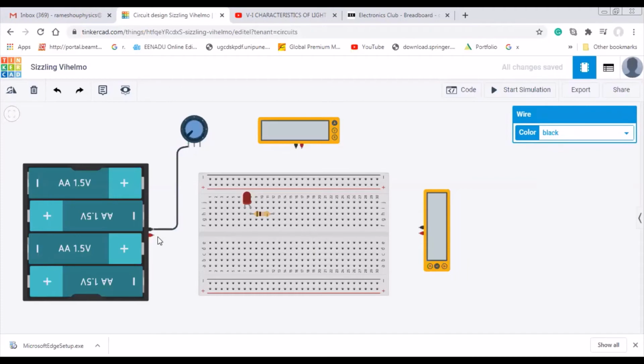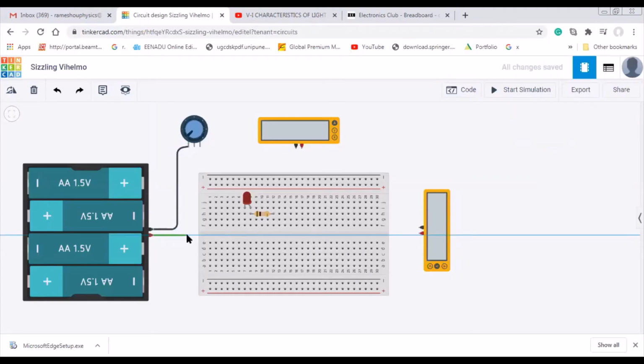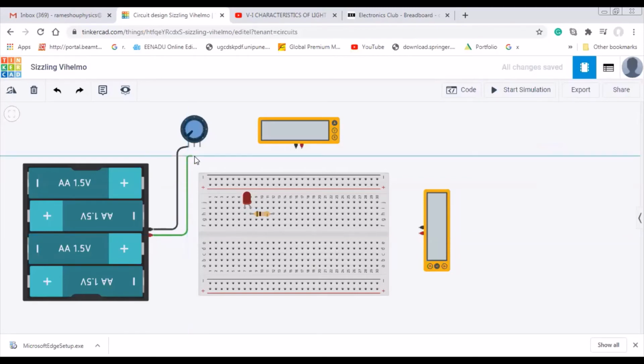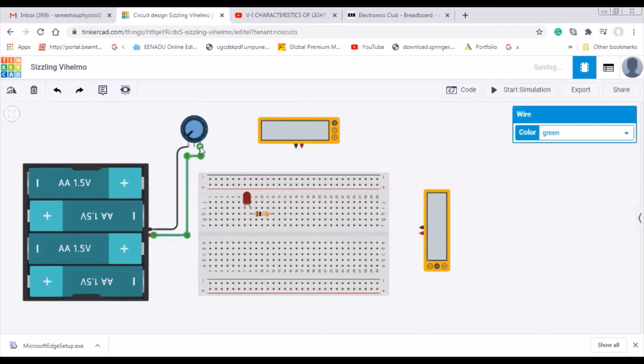And the positive of the battery is connected with the other terminal of the potentiometer, and to differentiate, I take it as red. Here, red is taken as the positive and black is taken as the negative.